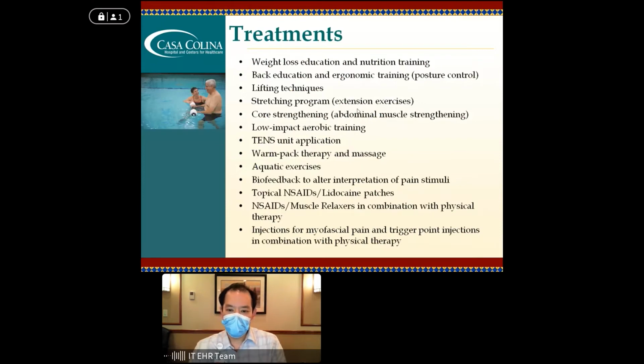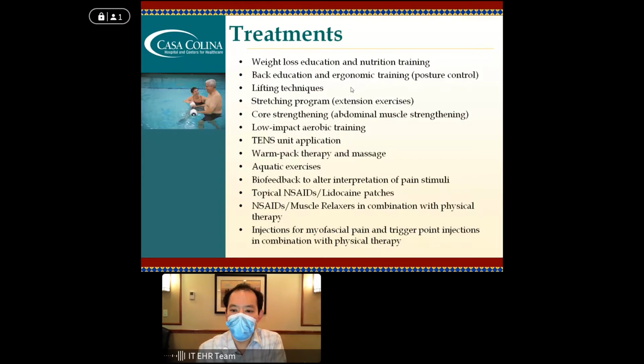So this is a list of not all the treatments, but some of the treatments that we may employ to help with spine pain in general. Weight loss, nutrition, and ergonomic or postural training are really key in general to help reduce pain, but also to decrease pain in the future. We have a few questions that will touch on that issue.